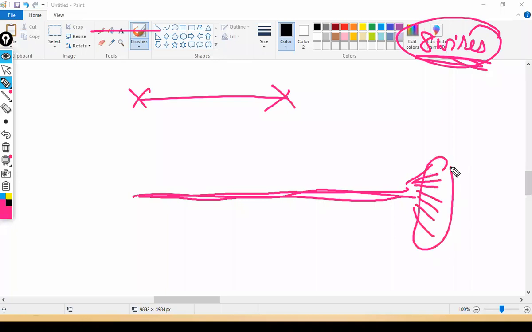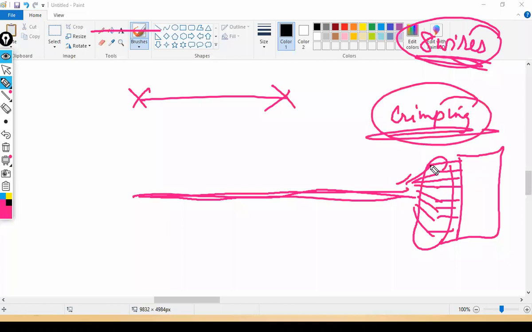These 8 wires can be arranged in a particular order. Arranging the cables in a particular order, connecting them to the connector and punching, this process is called crimping.